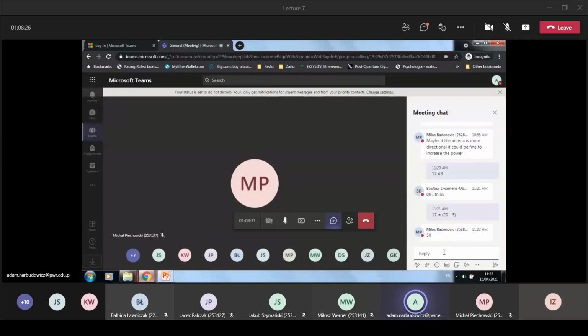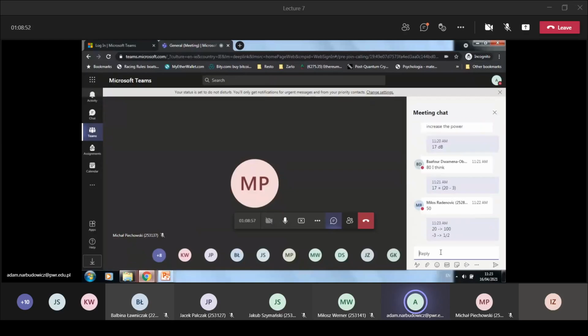Yes, very well, Milos. Right, so just to break that down, what Milos wrote is the correct answer. 20 corresponds to the factor 100, whereas -3, because you have to keep the sign, corresponds to half. So 20 means 100, minus 3 means divided by half, so at the end of the day 50.